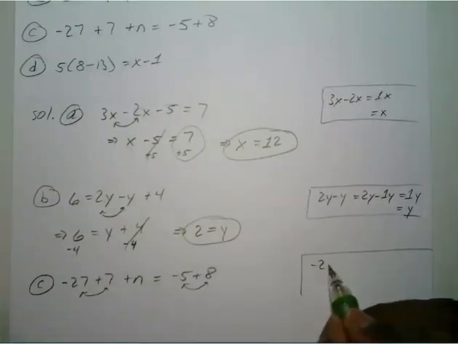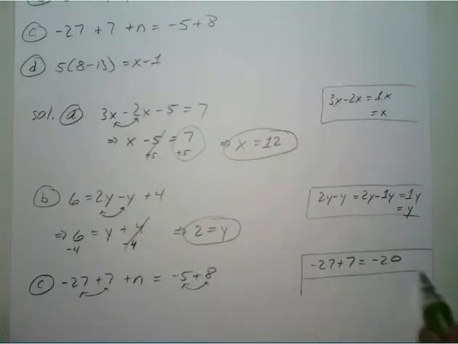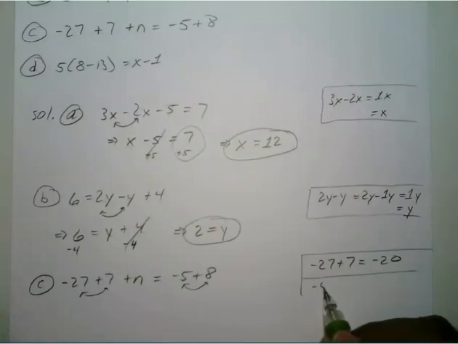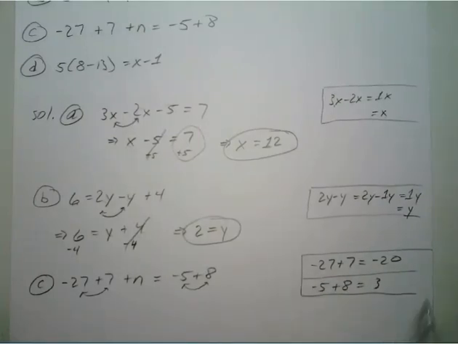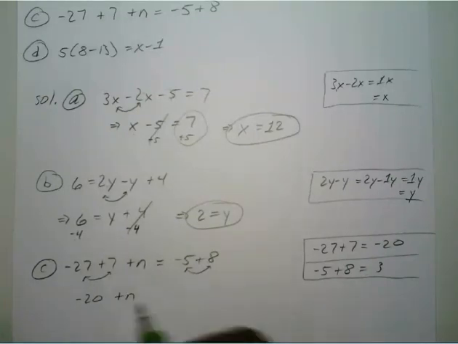So we know that negative 27 plus 7 is equal to negative 20. And we know that negative 5 plus 8 is equal to positive 3. So we have negative 20 plus n is equal to positive 3.